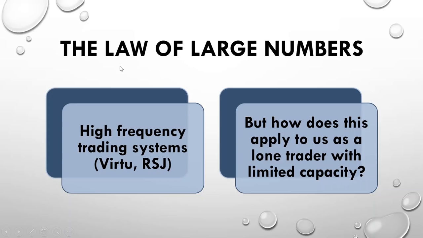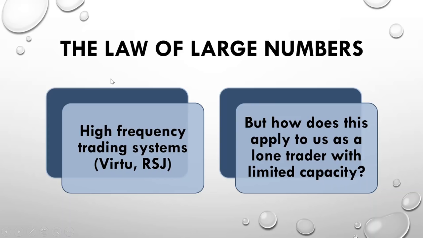But the law of large numbers simply means that the more occurrences that take place, the more the results will actually move towards the mean of what that probabilistic mean is supposed to be.